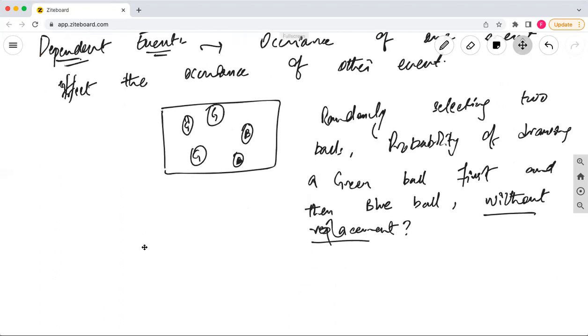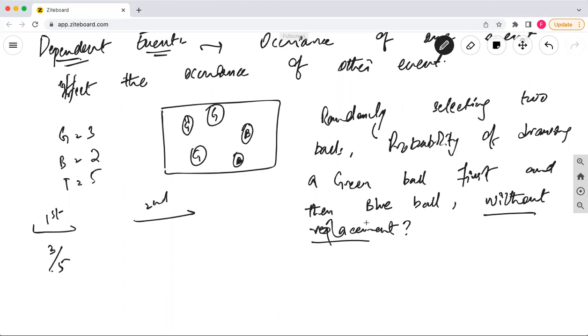So in this, the probability of drawing a green ball first: we have 3 green balls and 2 blue balls, so in total we have 5. The probability of getting a green ball first will be 3 out of 5, right? And then we need to pick a blue ball.